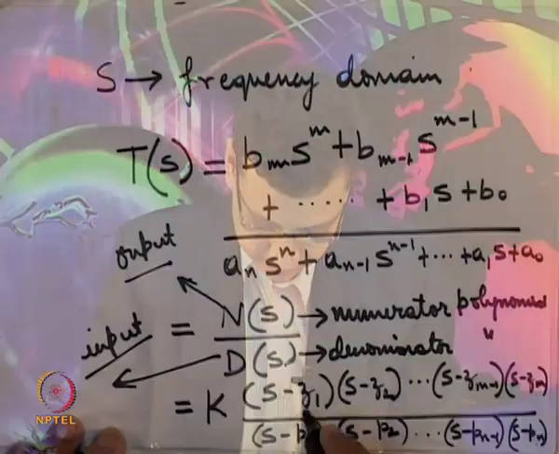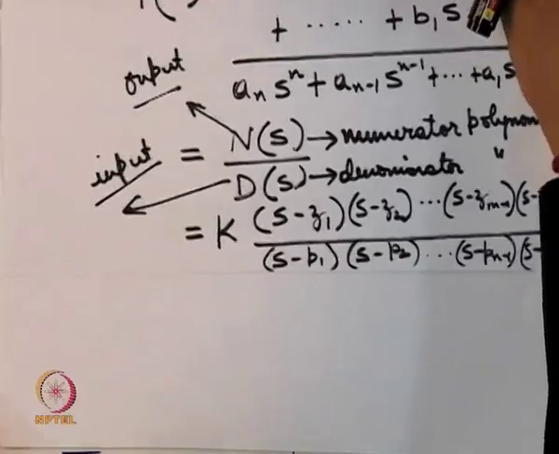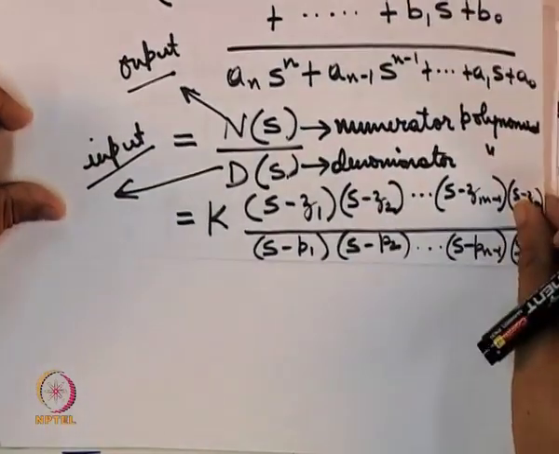So, these points where s equals p1, p2, p3, and so on till say pn, are called the poles of the system. Let me write it down here, it will become clear.